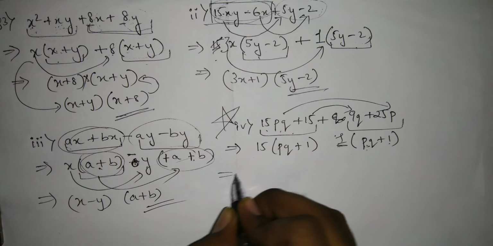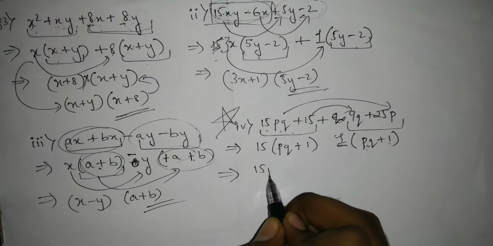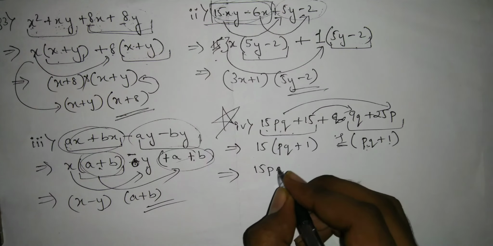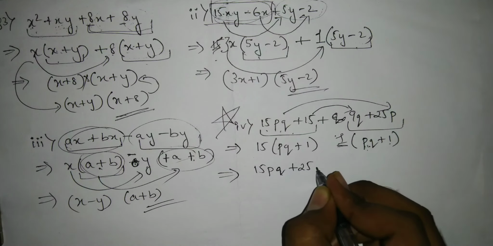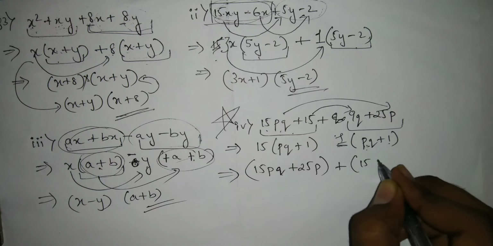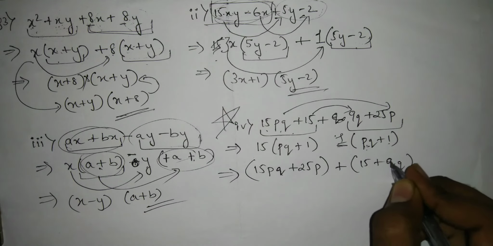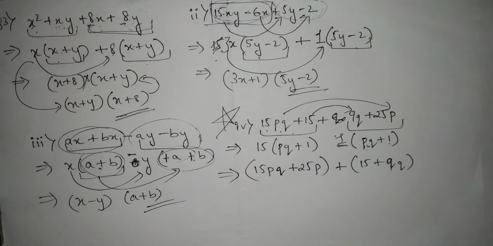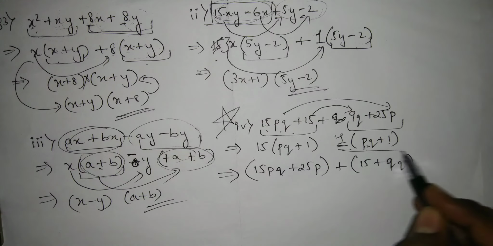I'll group 15pq with 25p, and 15 with 9q. Okay, so why am I doing this? Because I am not getting a common factor.